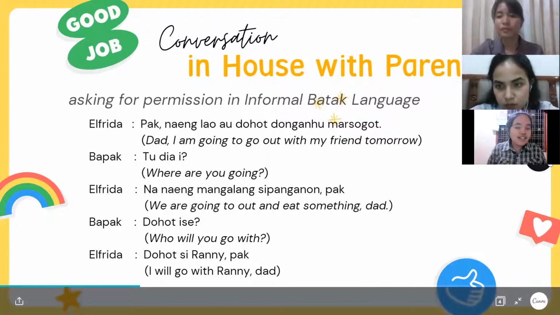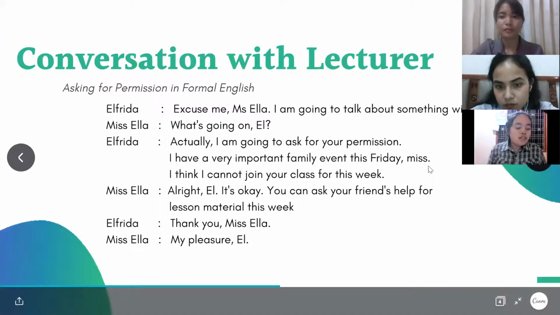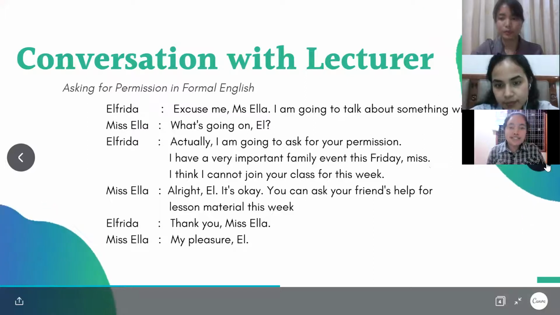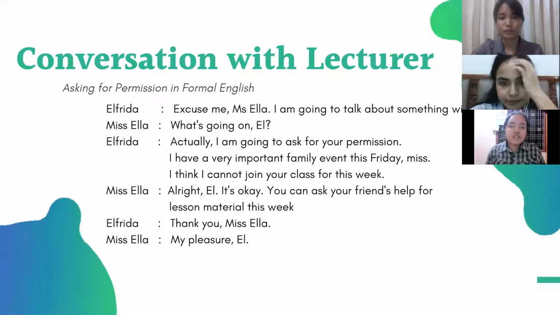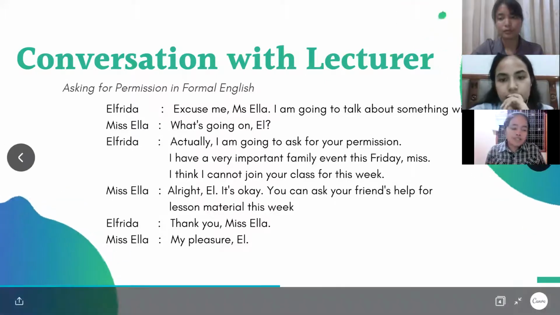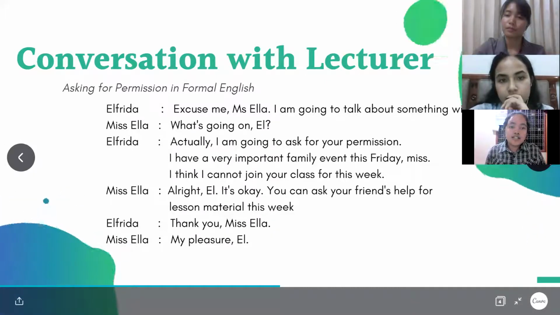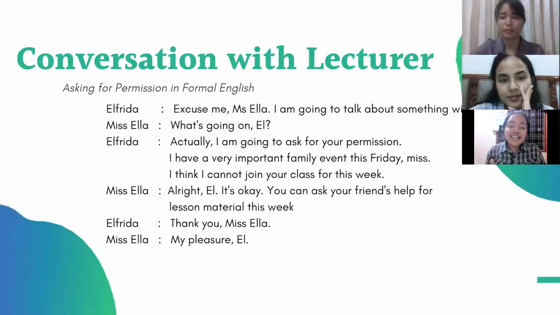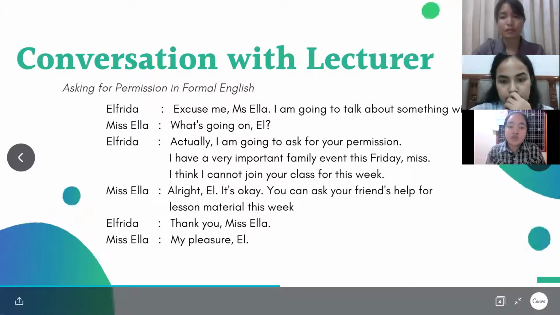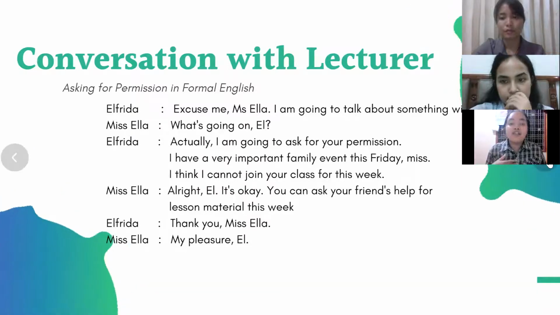The second is status. This is important because we have to know how to select the appropriate language that we should use. An example is conversation with my lecturer, because the status is clear. She is my lecturer, so I have to use formal language and the situation is formal. That's why I use formal English.